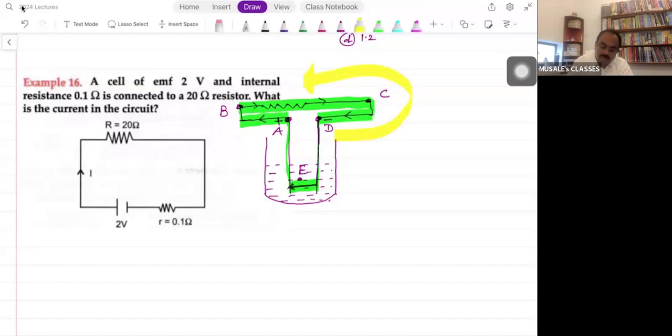So when the electron is flowing through that electrolyte, the electrolyte can be a salt like NaCl, it can be an acid like HCl, H2SO4, HNO3, different types of acids or bases depending upon the availability.